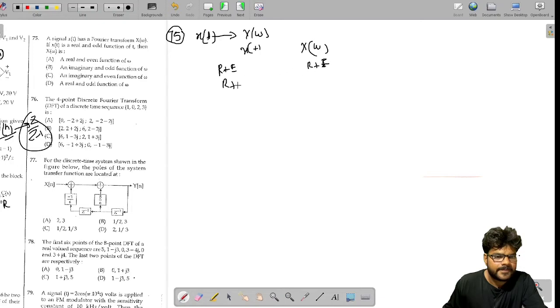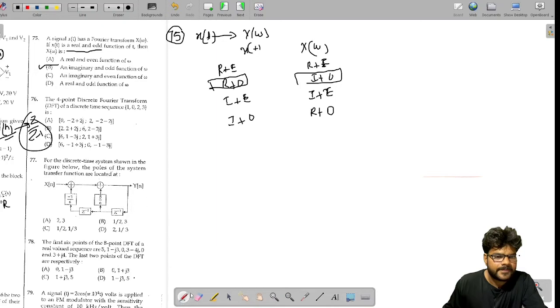If xt is real and odd, then X omega will be imaginary and odd. If xt is imaginary and even, then X omega will be imaginary and even, and if xt is imaginary and odd, then X omega will be real and odd. In the question we are given xt is real and odd, so X omega will be imaginary and odd, so the correct option will be B.